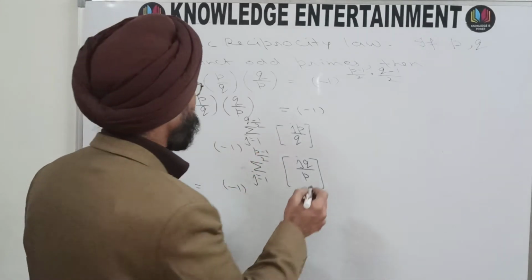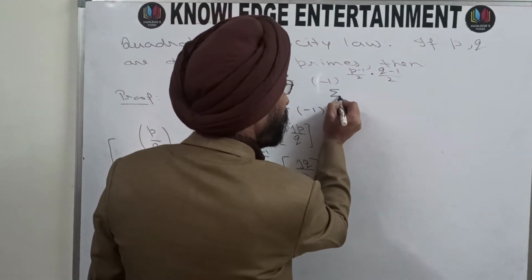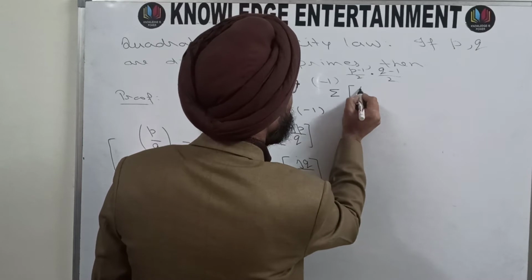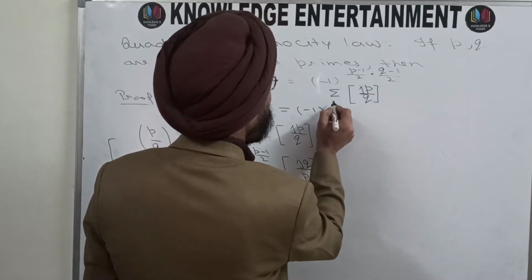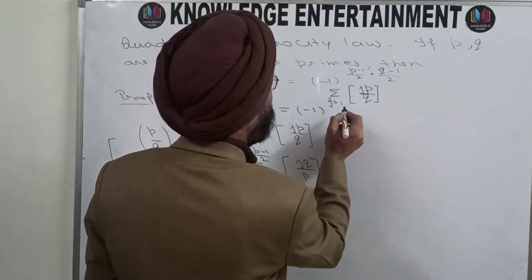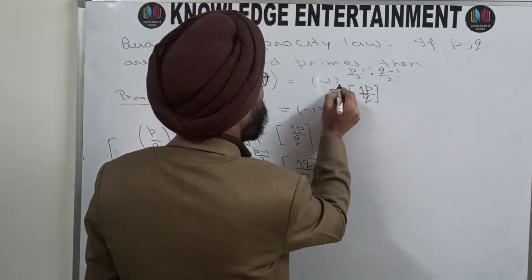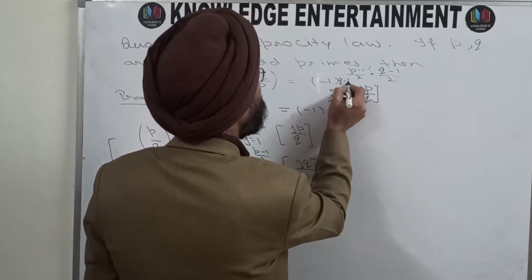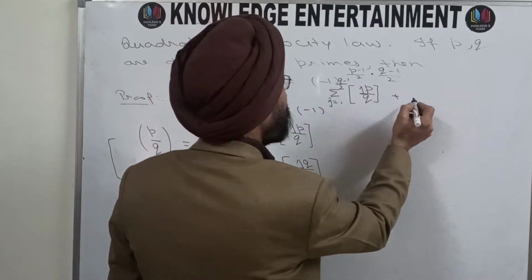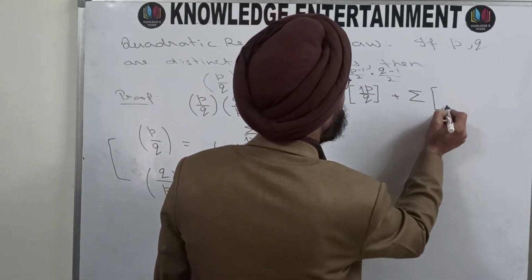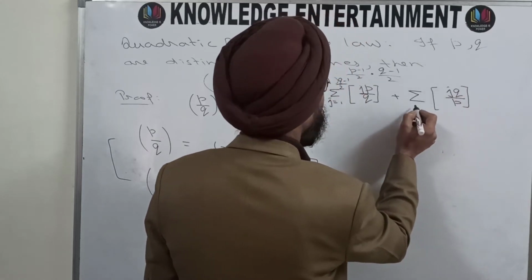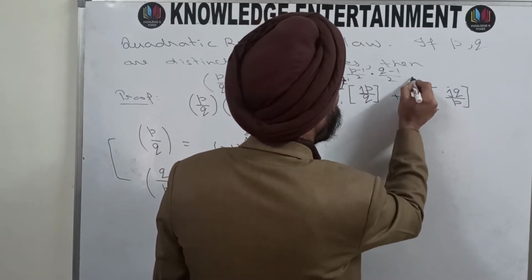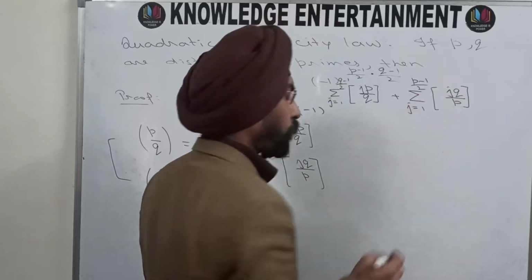So minus 1 raised to the power sigma j p by q, where j varies from 1 to q minus 1 by 2, plus sigma j q by p, where j varies from 1 to p minus 1 by 2.